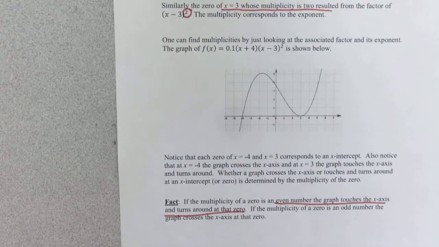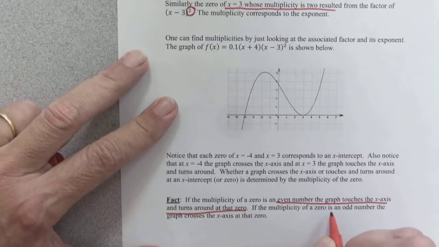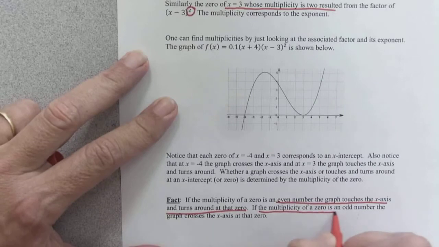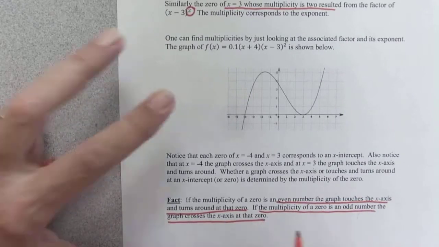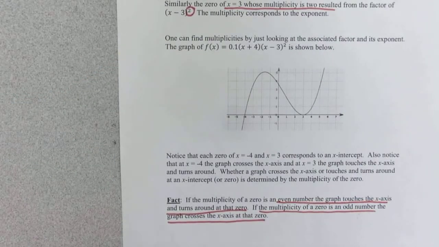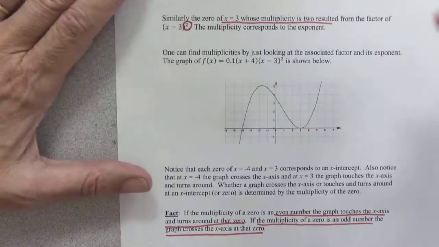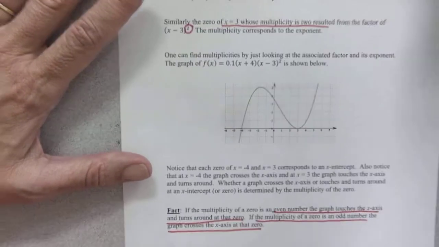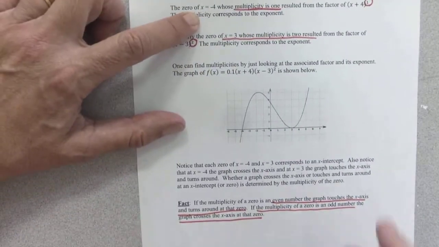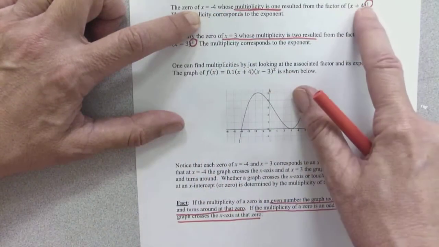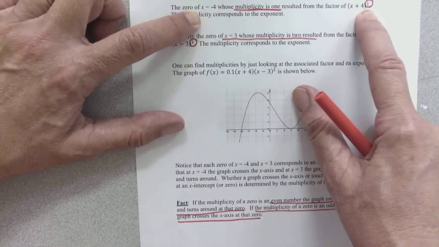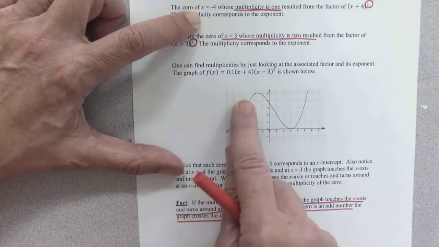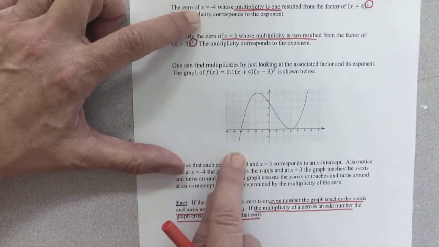If the multiplicity is an odd number, the graph crosses the x-axis at the zero. That's exactly what we saw here. Negative 4 had a multiplicity of 1, which is odd, and at negative 4 it crossed.